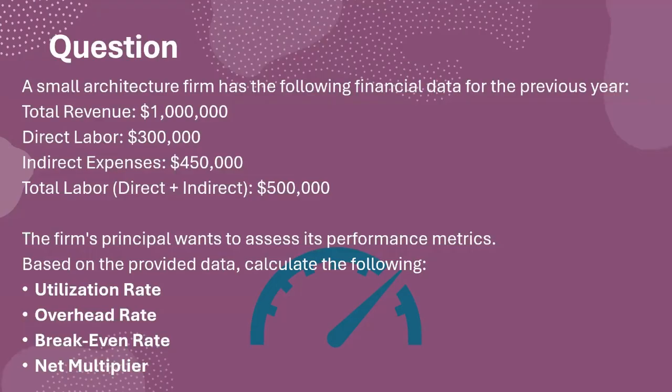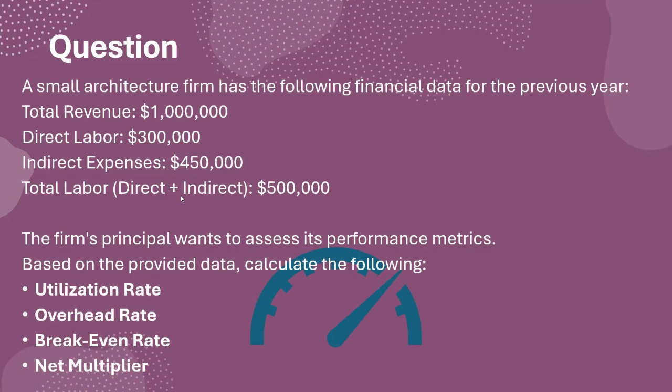Okay, let's take a look at the question together. A small architecture firm has the following financial data for the previous year. Total revenue is $1 million. Direct labor is $300,000. Indirect expenses were $450,000.